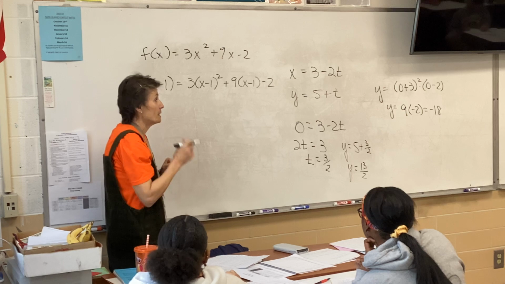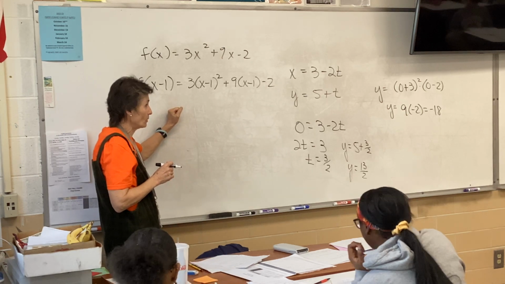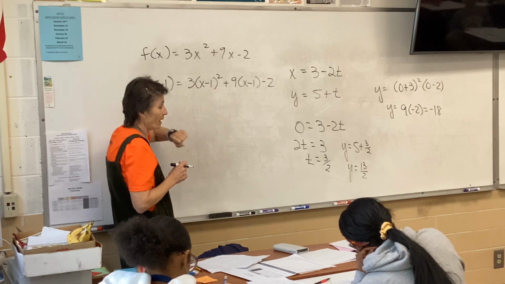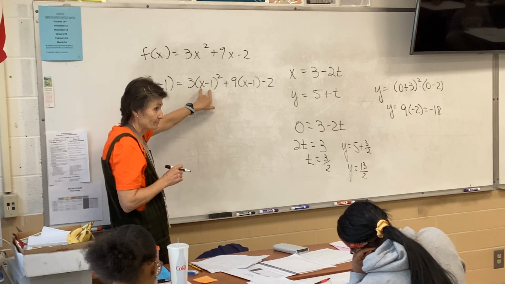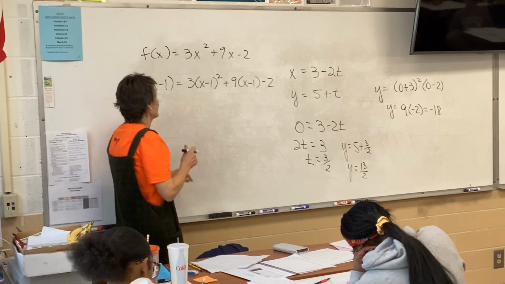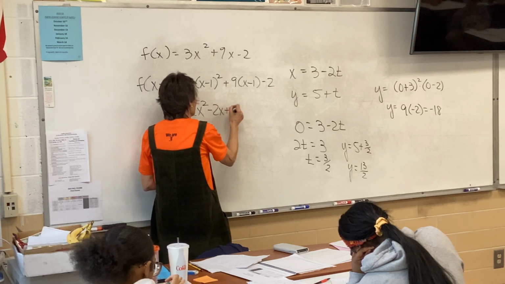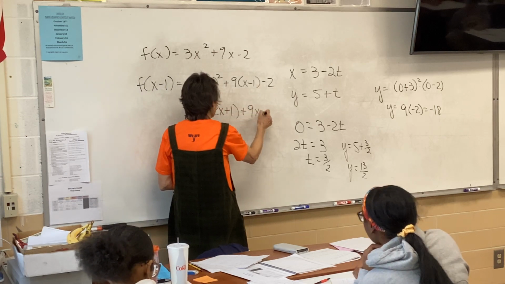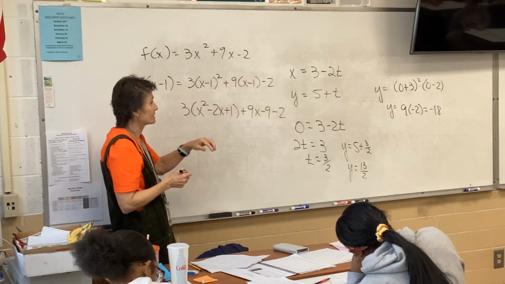Right? Now, we got to simplify that. Be careful. PEMDAS, exponents first, that's a FOIL. That is a FOIL, x minus 1, x minus 1. So we're going to FOIL that out. Now, I can do that in my head because I'm ancient and I do this for a living and I've done it 17 billion times.